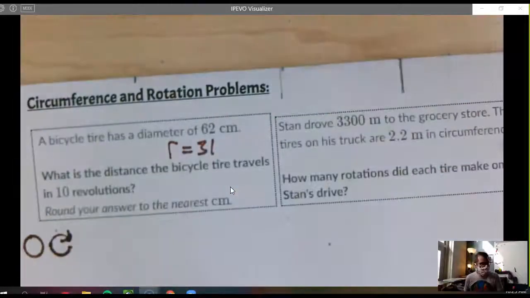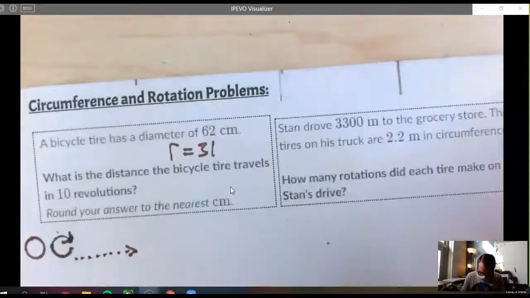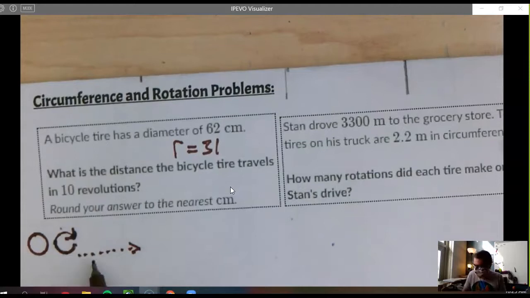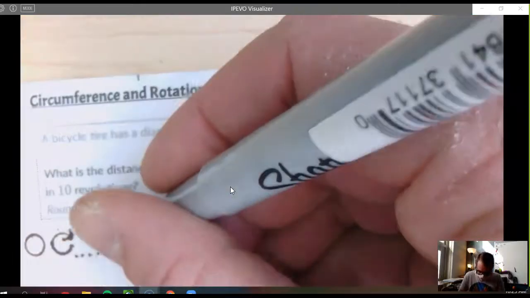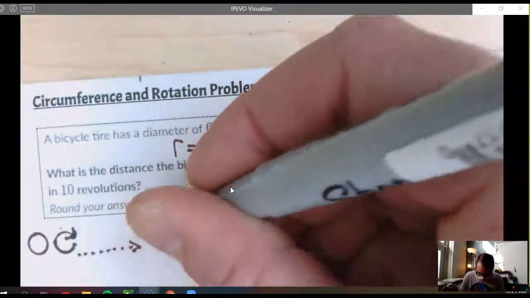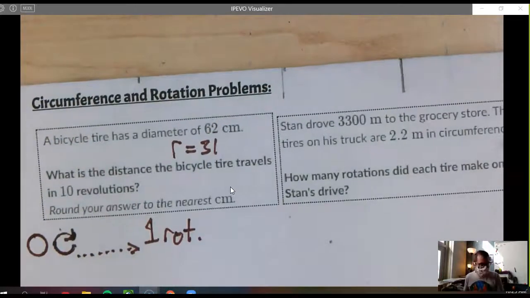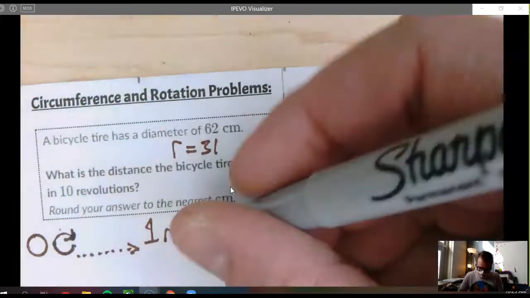How far will it go in 1 rotation if we think about it on the ground? What would that distance that we travel every 1 rotation be equal to? Please write down 1 rotation, and you can abbreviate it if you want.